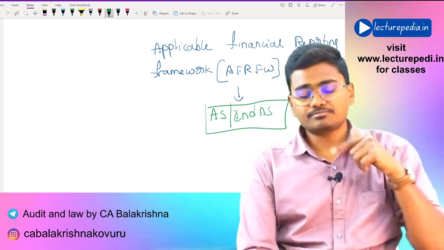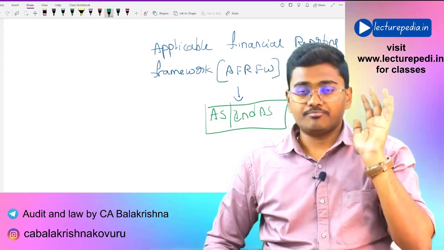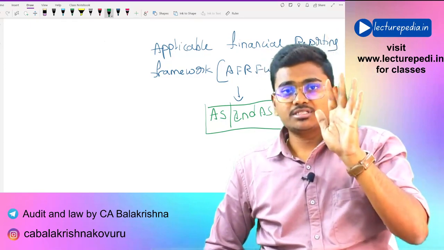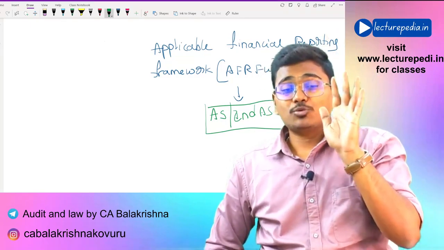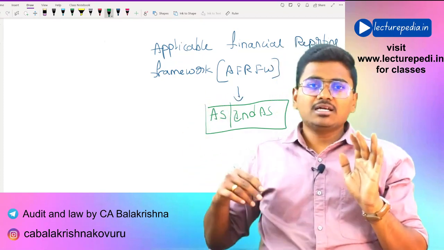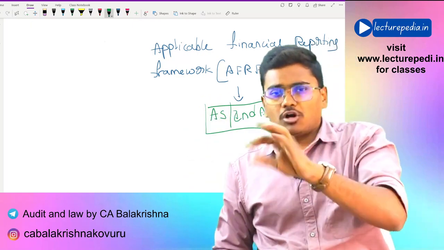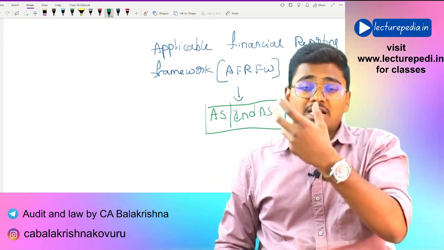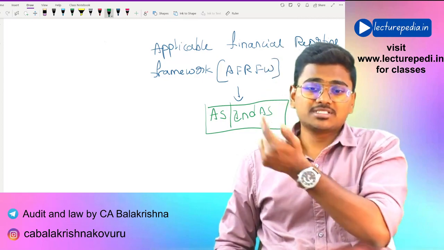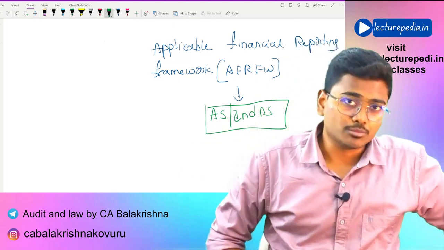Okay. Management, while preparing the financial statements, should prepare them as per the requirements of the applicable financial reporting framework. In India, the applicable financial reporting framework will be either accounting standards or Indian accounting standards, as per the applicability.